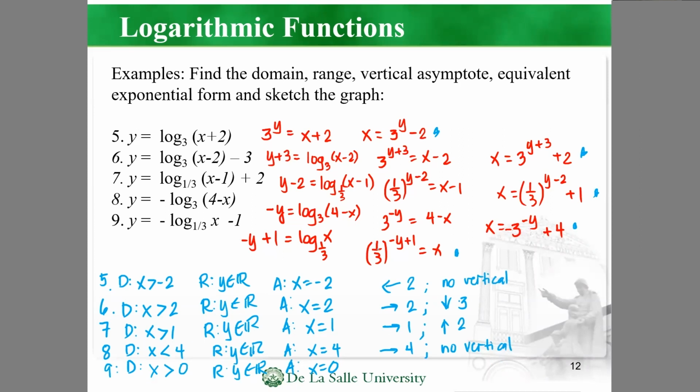And then lastly, for number 9, ito, you can say 1 minus y siya eh. So, ano gagawin mo? No horizontal. And then, up by 1. Okay?